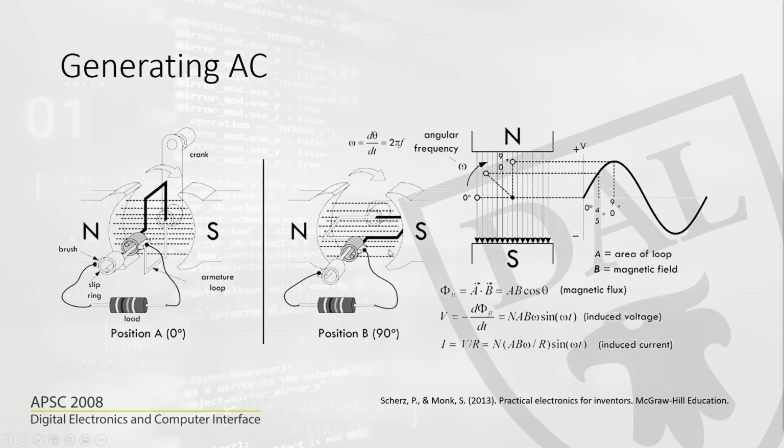When you have a North Pole and a South Pole, you have a magnetic field that passes through. And when you have a conductor that moves in a direction, based on the amount of flux, these are called the flux lines or the field lines, based on how many lines it cuts per second, the voltage will be induced across those conductors.